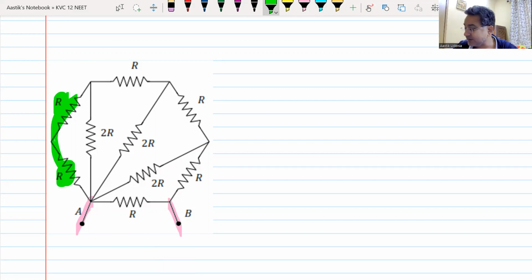So R and R in series will become how much? 2R. Now look at this 2R and this 2R. How are they connected? Parallel. 2R and 2R in parallel will become how much?